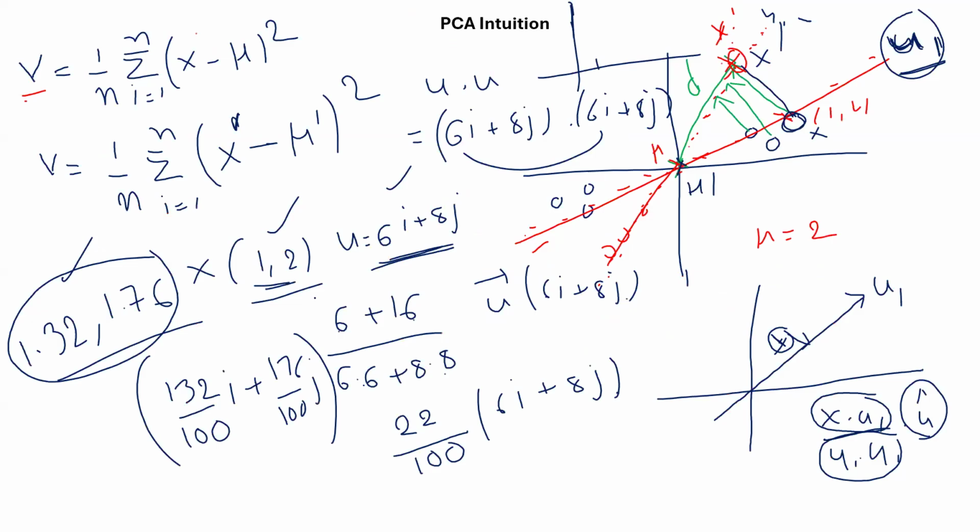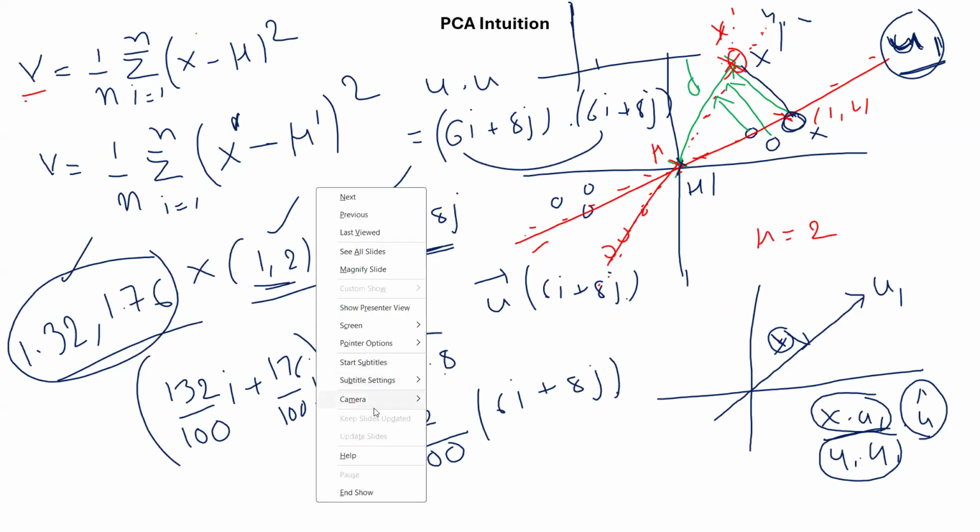So now you understood the projection of a point onto a vector.